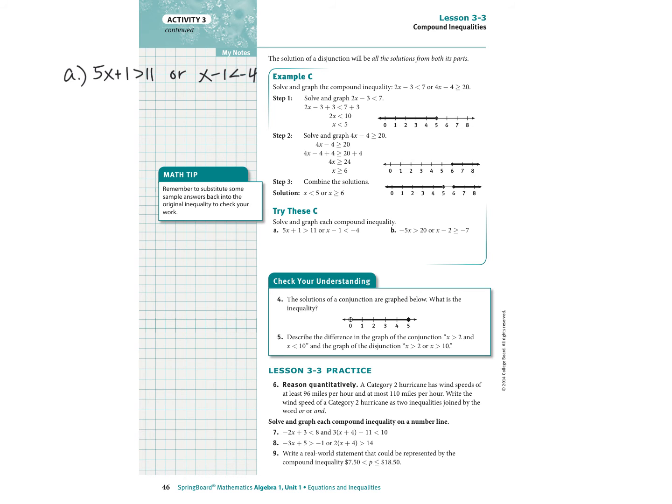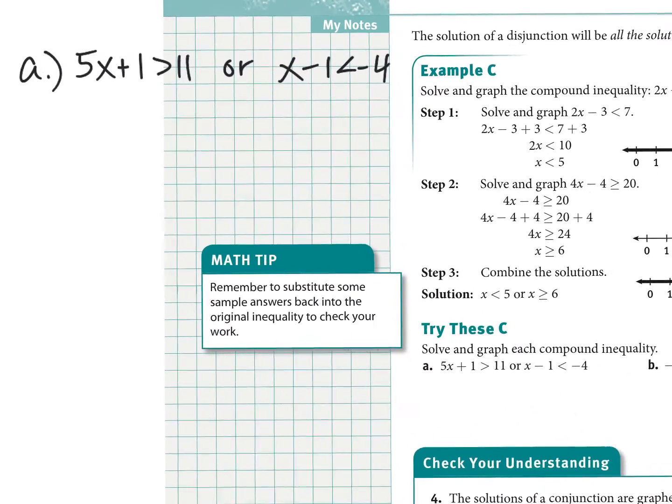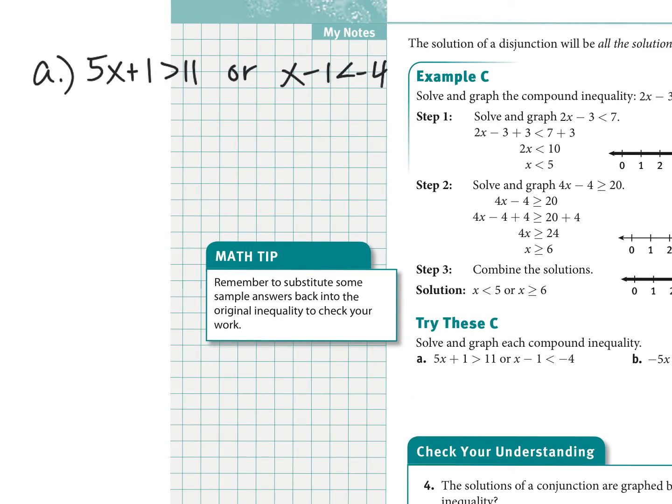Maybe we were adding 3 to both sides, or maybe we were dividing by 2 on both sides. In this case, we really have two separate inequalities where we're not always doing the exact same steps. So let's zoom on into our picture and start figuring out how we can solve these.